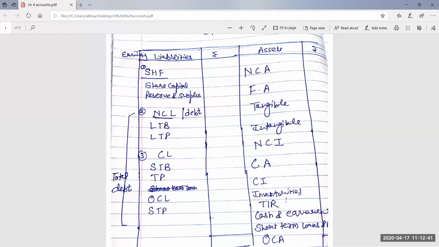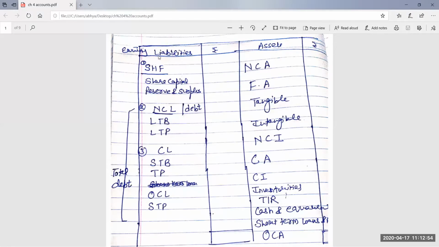One side, earlier we were writing only liabilities. Why? Because earlier we were making the balance sheet of a sole proprietor. But now this is the balance sheet of a company. So here I have written equity and liability. First I am explaining the balance sheet for better understanding of the different formulas.